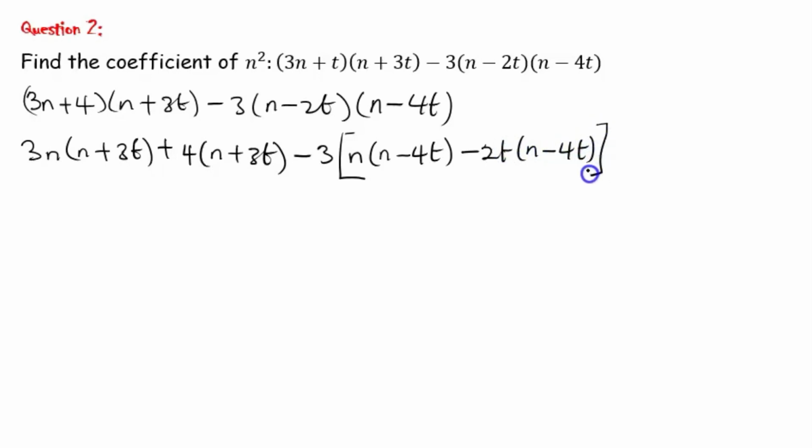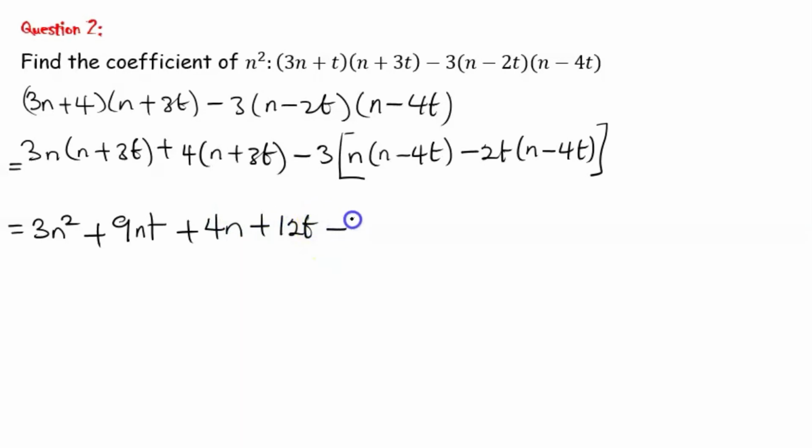We close this so that we'll be careful because of this 3, so that it can have its place alongside. When we open this bracket, 3n times n gives us 3n squared, plus 3n times 3t gives us 9nt, plus 4n, plus 12t.